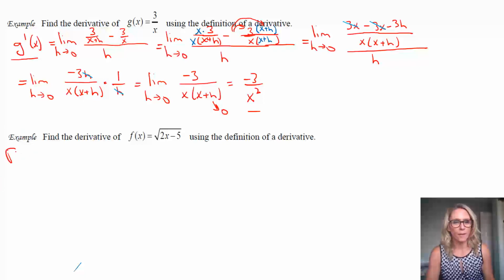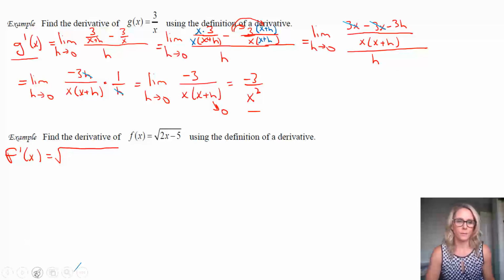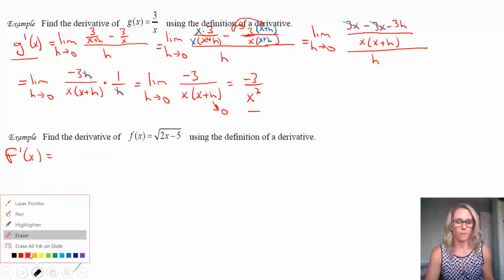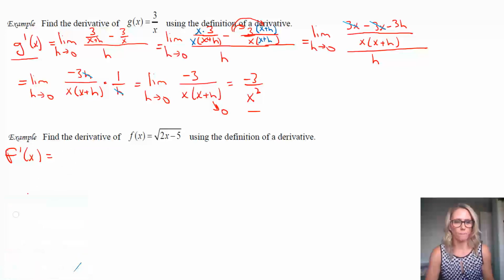So now we have another f, so I'm going to say f prime of x, and we've got a square root. Nobody was probably too surprised to see a square root, but of course that square root trick is going to come back to us. So we are going to do, oh, I guess I was thinking about first starting with doing f of x plus h, but I think we'll be okay.